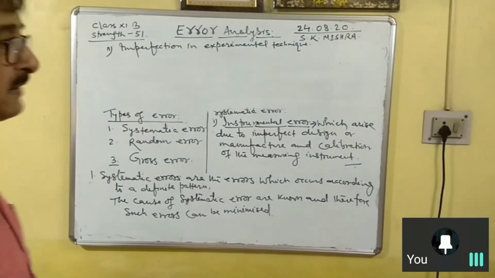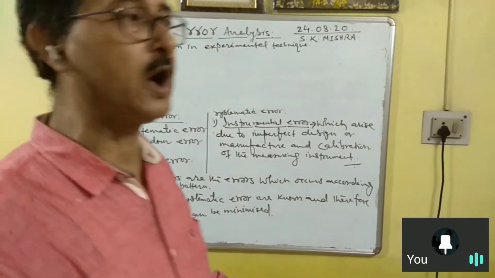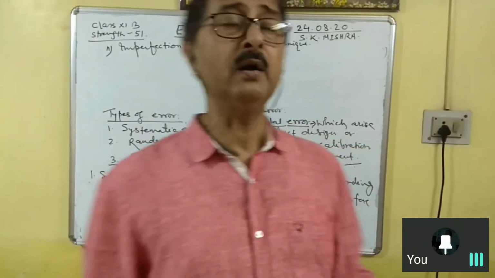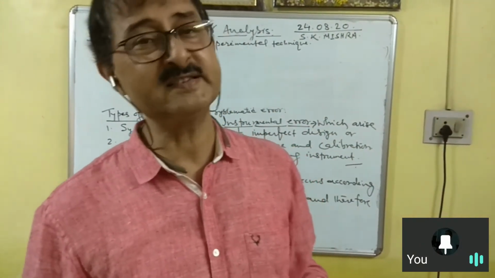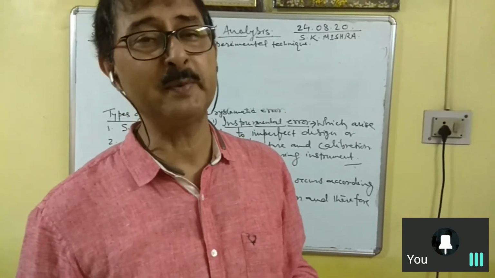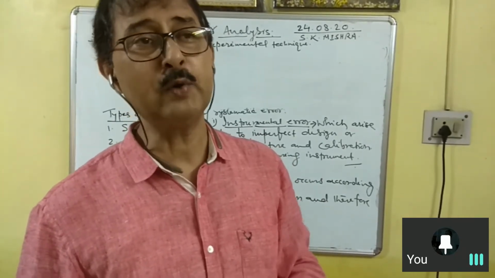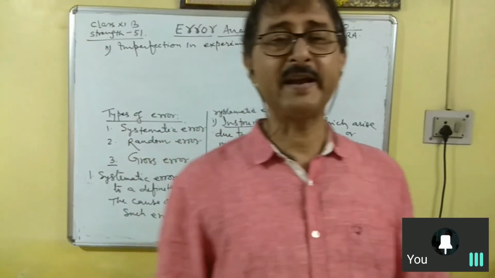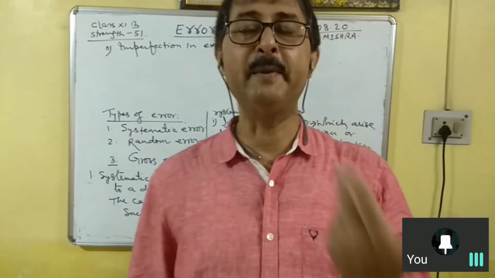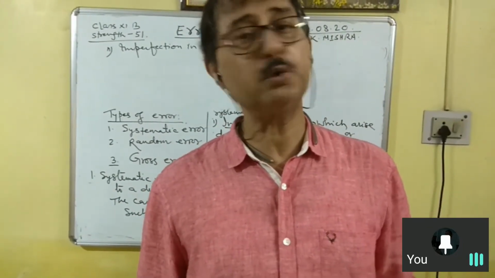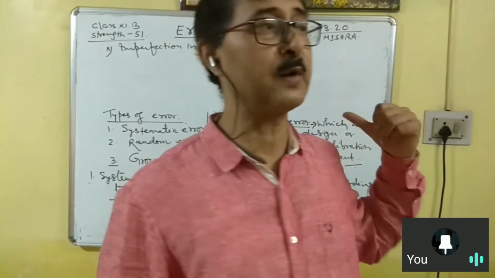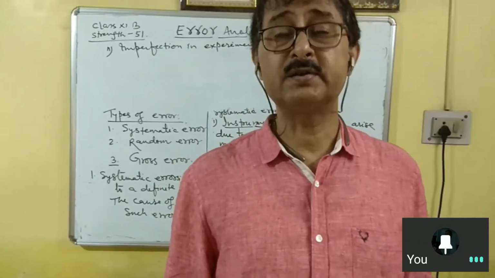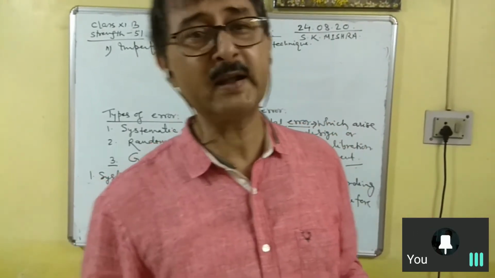Suppose you are doing the experiment of Ohm's law. In Ohm's law, the ammeter should always be connected in series and the voltmeter should always be connected in parallel. But you are doing just the opposite: you are connecting the voltmeter in series and the ammeter in parallel. Then also you don't know how to perform this experiment, so the error will automatically be in the picture.